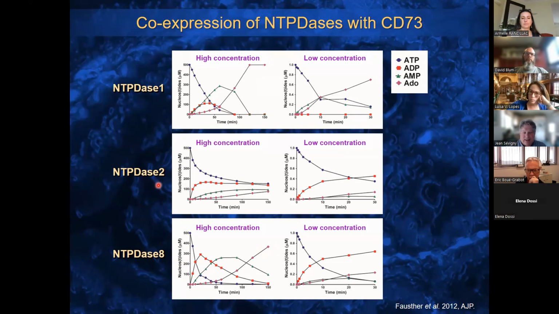But this is not the only important thing here. ATP and ADP are also two potent inhibitors of 5' nucleotidase. So that means that NTPDase1 is not only providing the substrate of 5' nucleotidase rapidly, at the same time it's also removing two very potent inhibitors of 5' nucleotidase.